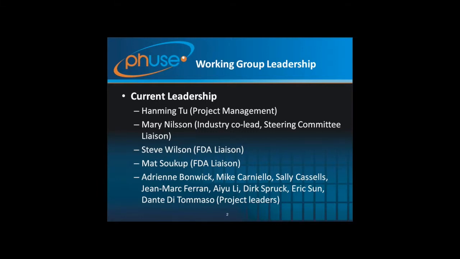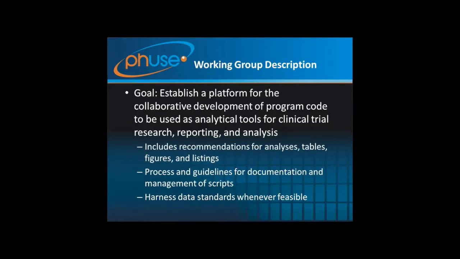So the working group description, the goal is to establish a platform for the collaborative development of program code. And this will include, we first start by trying to recommend what displays or analyses make sense for various purposes, and we do that via the creation of white papers.